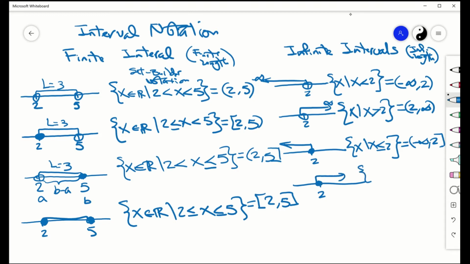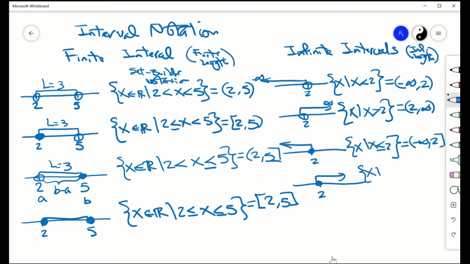The last case is when you have all real numbers greater than or equal to 2. Of course, in set builder notation it's just all x. Notice that I'm being a little informal here. I should say x belonging to R. I was running out of space, so I left that out, but we're assuming we're only dealing with real numbers anyway. A lot of times you'll see this left out when it is clear from context that we're only dealing with real numbers, as we are in this class.